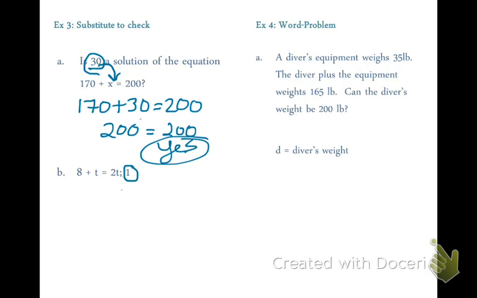The number is going to equal whatever the variable is. So they're saying that 1 equals t. So then you're going to substitute it for t. So it's going to be 8 plus 1 equals 2 times 1, because that's the equation on this one.